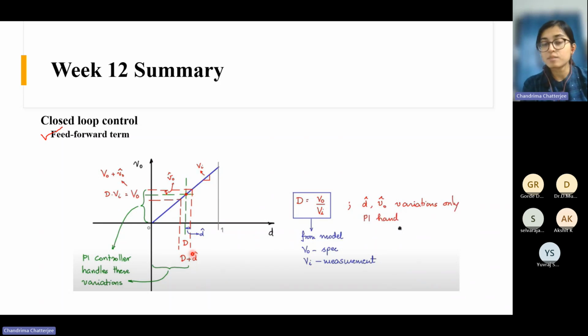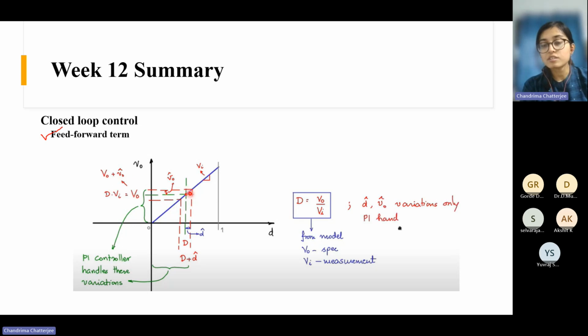Suppose the perturbation is d cap or d tilde, and the perturbation in the output is v naught cap, right? So if we can do something like this, the controller will only take care of this perturbed part, and the steady state part we will feed directly.